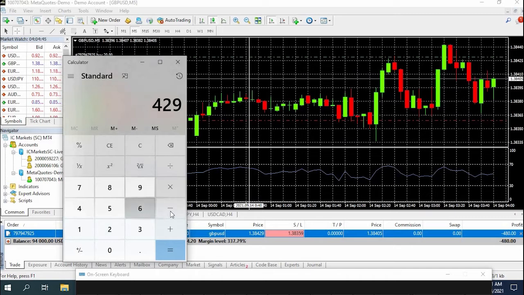The 429, which is the last 3 digits, minus 359, is 70 pips.